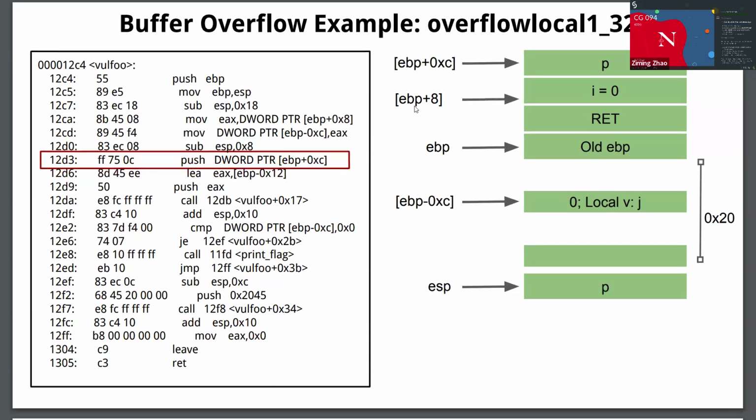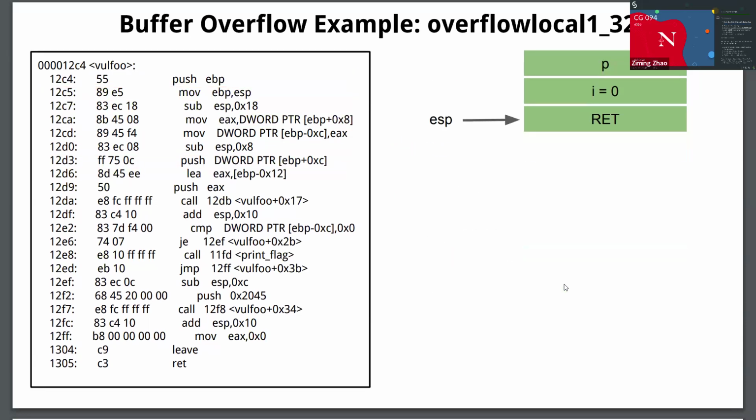Then we push EBP plus C to this address. EBP plus C is the second parameter, which is P. We push P to this address. Why are we pushing it? Go back to the C code.